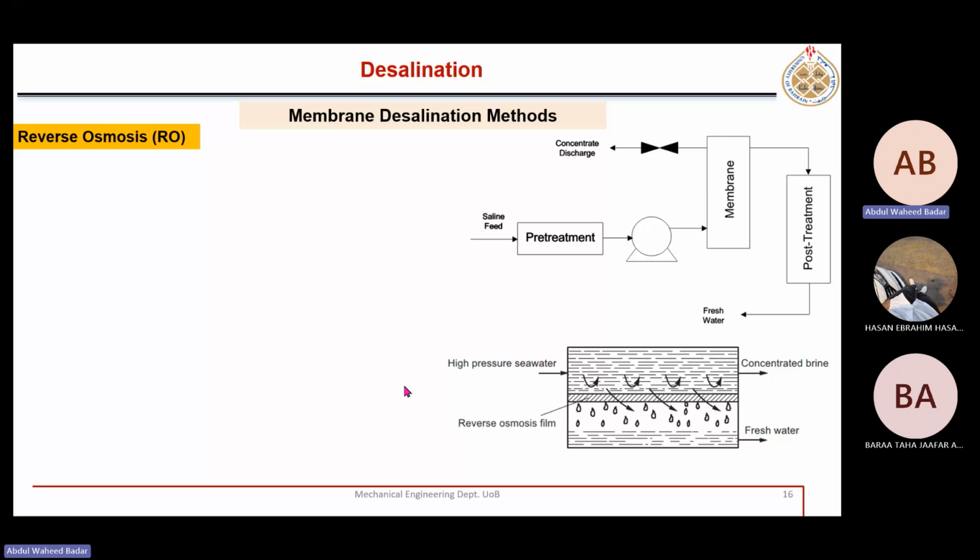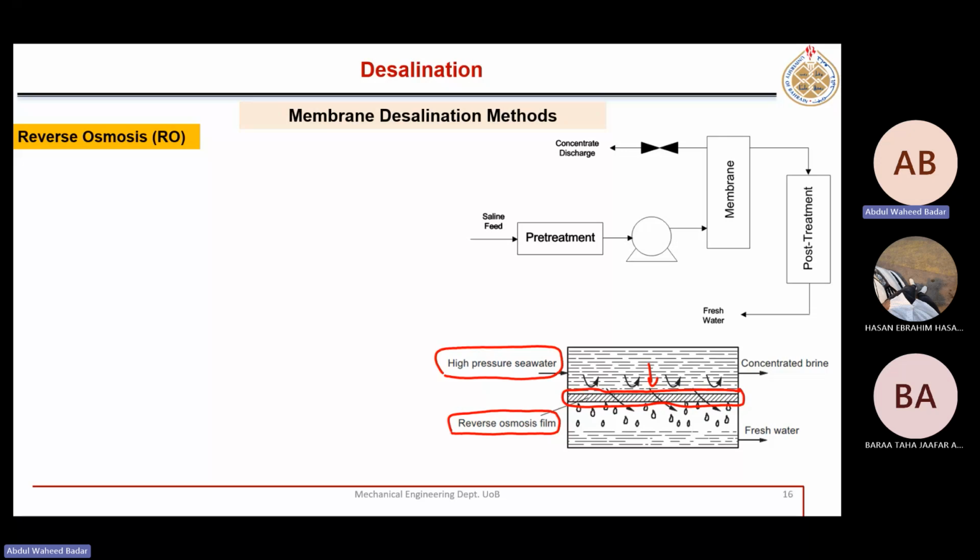So in this RO system, a membrane is used here, for example, in this figure. This is reverse osmosis film or membrane. So this is a membrane-based separation process. And here, pressurized seawater is forced to flow through this membrane, right? Through this permeable membrane, right?